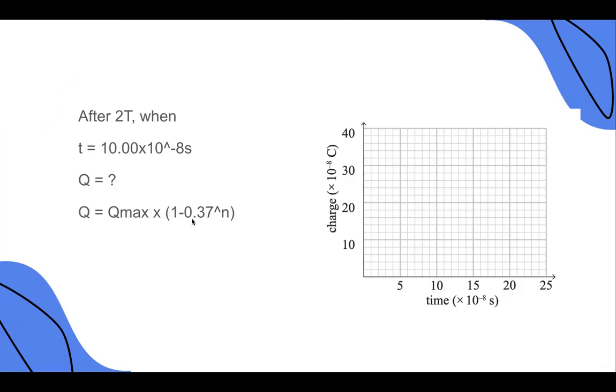What is Q? The same old formula, but now after two time constants, the n will be 2, right? Yep. 24 times 10 to the negative 8. Notice how it's getting bigger and closer to Qmax? Yep, that's your dummy check coming in. So that makes sense overall, right?